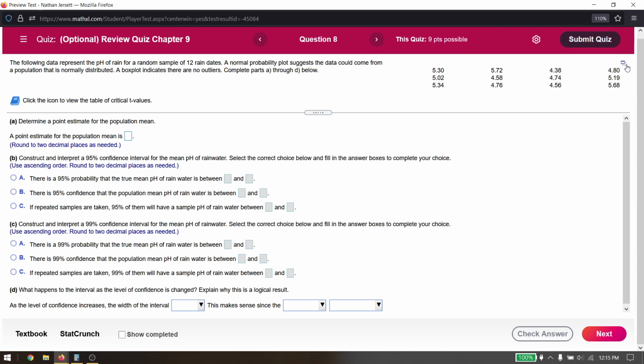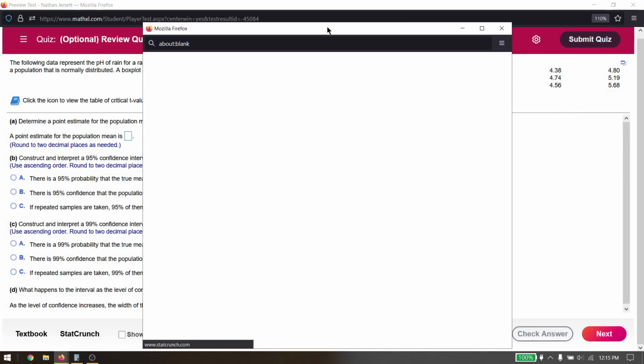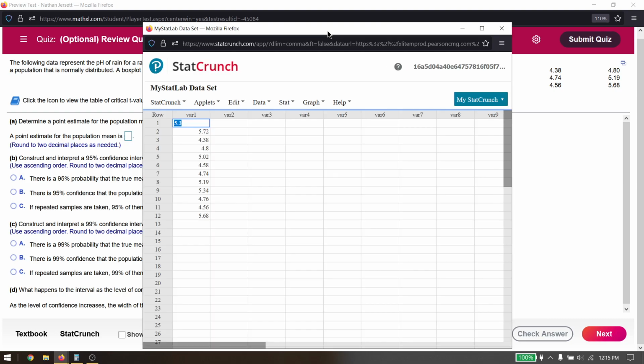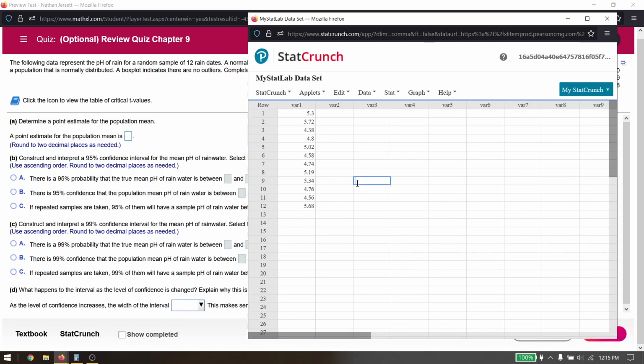We're assuming it's normally distributed. Okay, so a point estimate. Really, all we're going to do is copy this to a table in StatCrunch. This is going to be a sample, right? Because it's not a proportion, it's a sample. So we're going to use a t distribution.